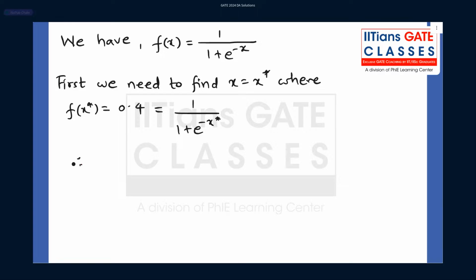Therefore, you can invert this, and you'll get 1 plus e to the power minus x star equal to 1 by 0.4, that is 2.5. Therefore, e to the power minus x star is 1.5. And then you can take log on both sides, and you can find x.